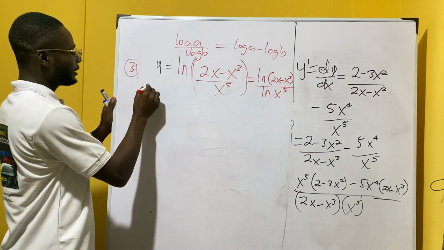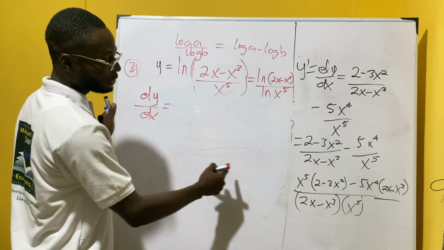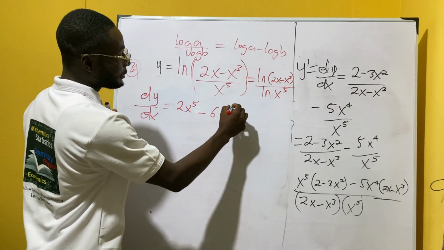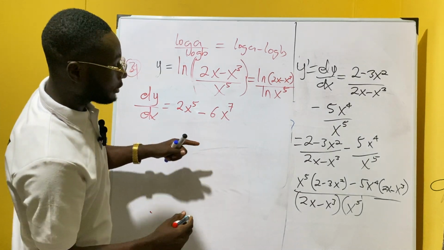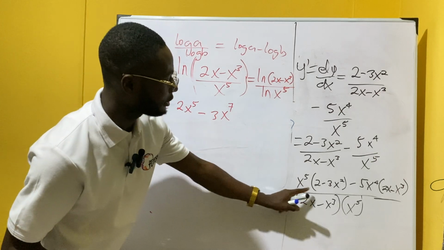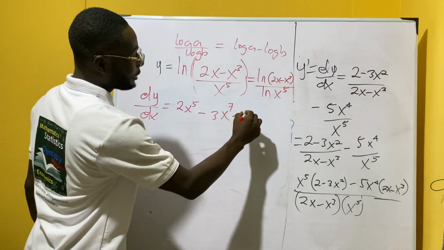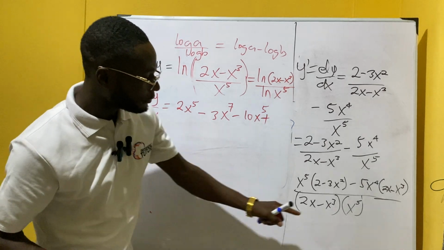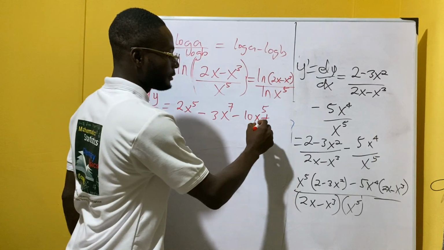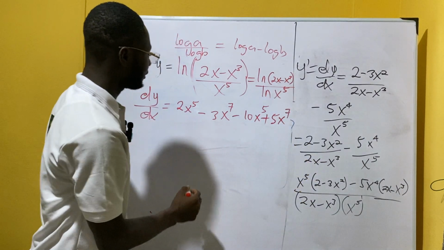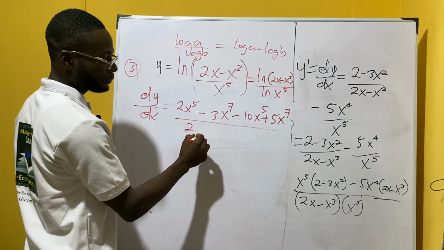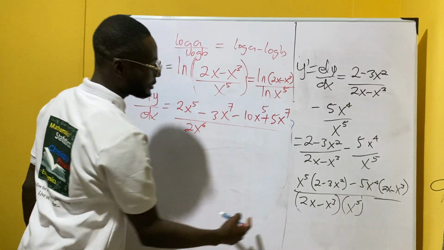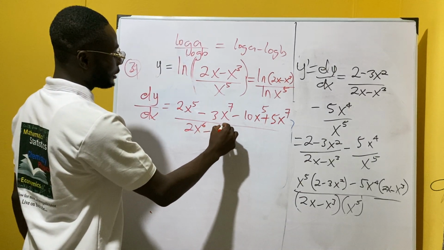So we have dy/dx, which is equal to 2x to the 5, minus 3x to the 7, minus 10x to the 5, plus 5x to the 7, all over 2x to the 6 minus x to the 8, spreading this x to the power 5 to all of this.